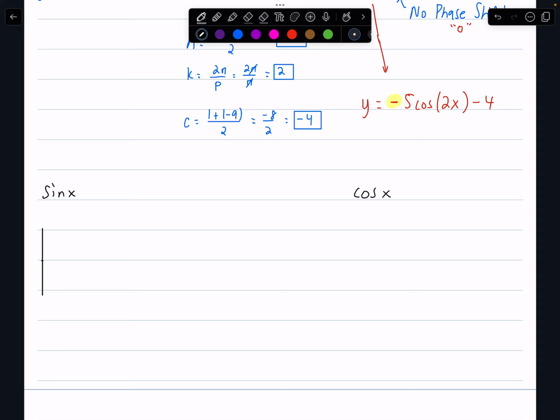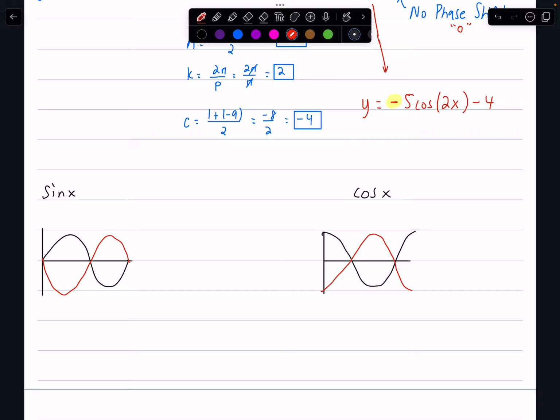A sine x function looks like this, and a cos x function looks like this. Now, obviously, these are the positive versions. The negative version could look like this, and the negative version can look like this. But something important to note is that the sine x function starts at the axis of symmetry. You see how the sine x function actually starts at the axis of symmetry.